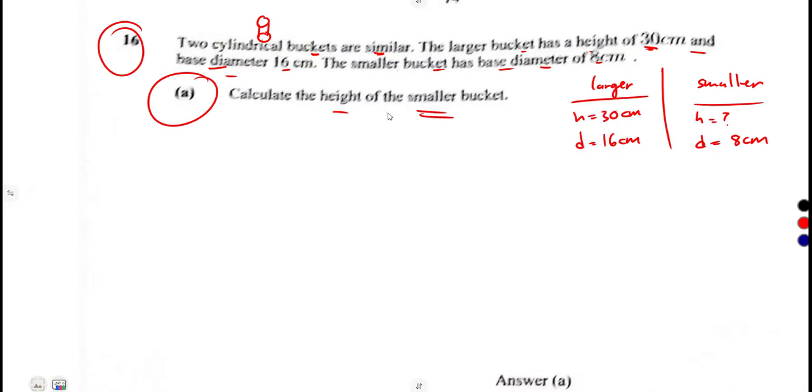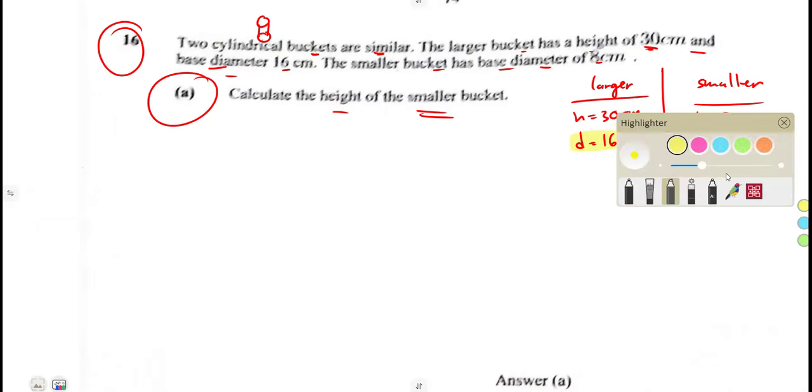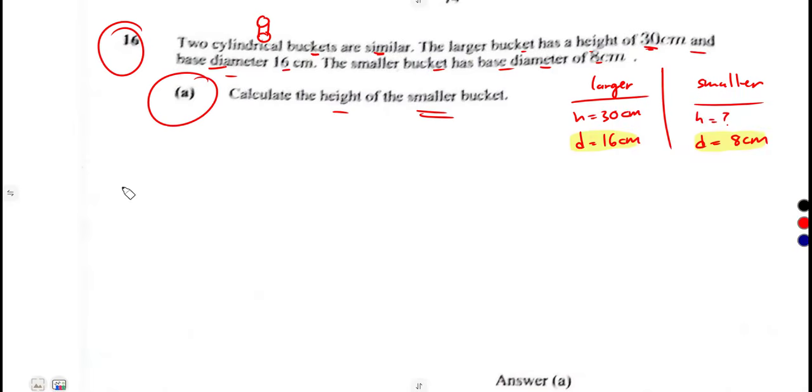So this is similarity, guys. We can use what is complete between these two similar figures, which is what? The diameters, to find the ratio of sides, which is what? The scale factor. Ratio of sides. We are dealing with the sides here, height. We're talking about sides. So the ratio of sides, that's your scale factor.